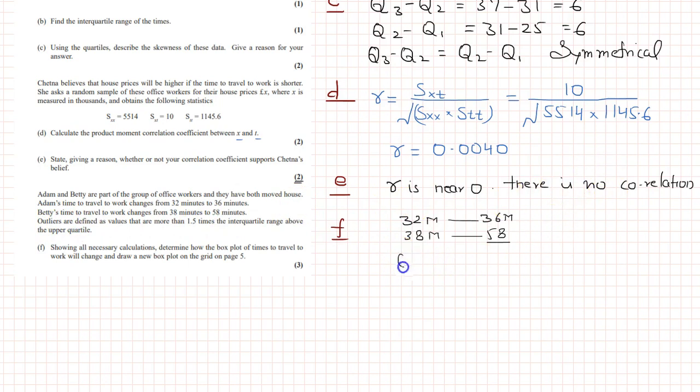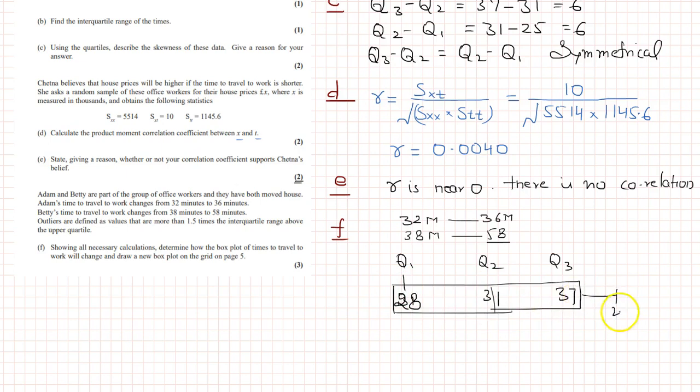So we have Q1, Q2, Q3. So our Q1 is 25, this is 31, this is 37. Roughly I'm plotting the box.